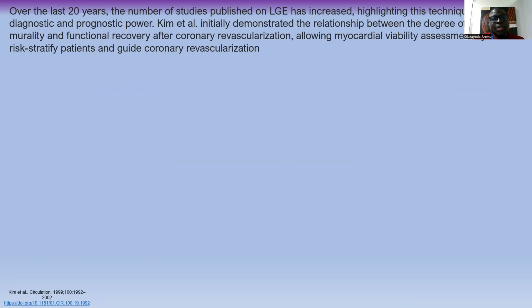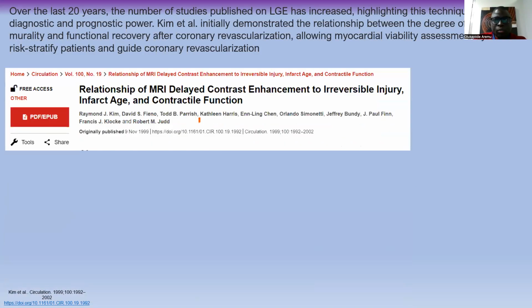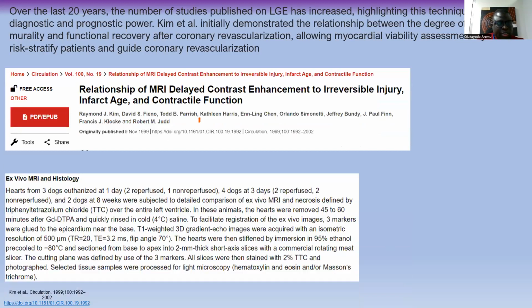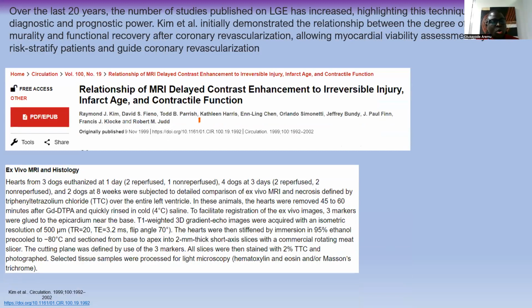One of the studies they did demonstrated the relationship between the degree of LGE transmurality and functional recovery after coronary revascularization. And this allows myocardial viability assessment by CMR in order to risk stratify patients and guide their coronary revascularization.